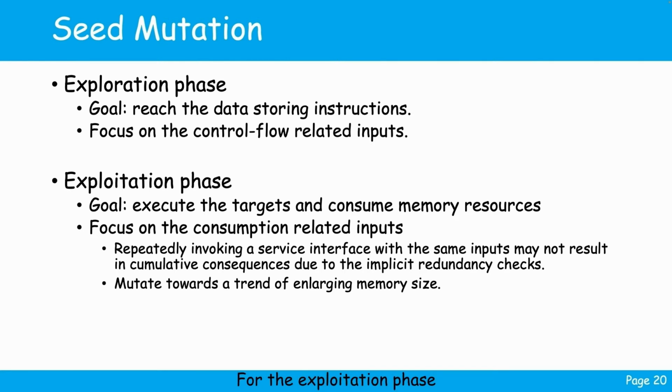For the exploitation phase, the goal is to execute the targets and consume memory resources, so we only mutate the consumption-related inputs. Note that repeatedly invoking a service interface with the same inputs may not result in cumulative consequences due to the implicit redundancy checks, and we mutate the inputs towards a trend of enlarging memory size.